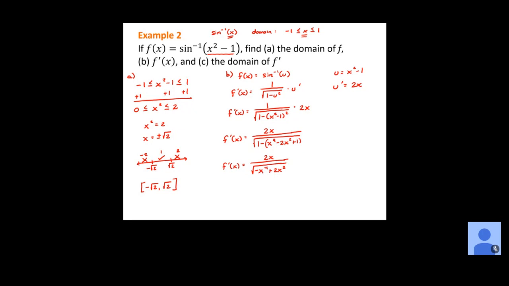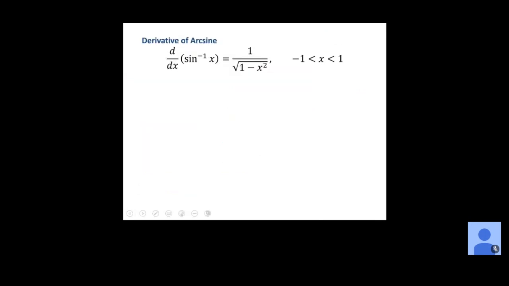All right. Now, the last piece of this one is we want to know the domain for f prime. So how are we going to find the domain for f prime now? I'll go back and show you. We know in this case, for the derivative, that the x value has to be somewhere between -1 and 1, non-inclusive though.